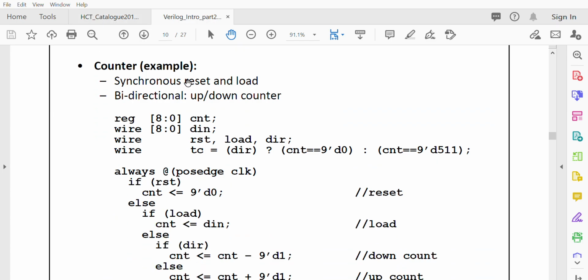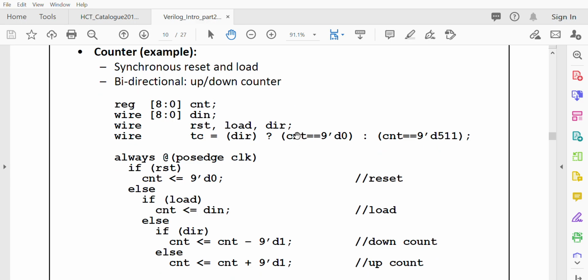Counter. Example of a counter, synchronous reset and load, bidirectional up-down counter. Here we can look at the counter. The register of 9 bits implements the count. The counter is called count. The parallel load is called DN. And then we have 3 control signals that are reset, load, and direction. So if reset, then count is initialized to 0.